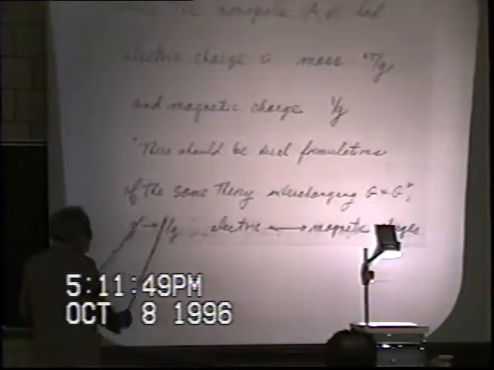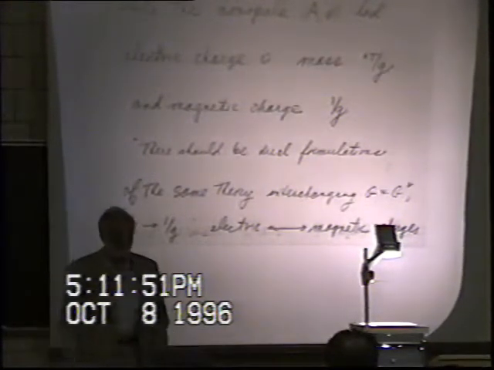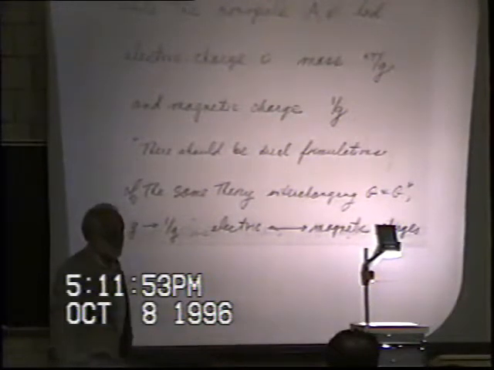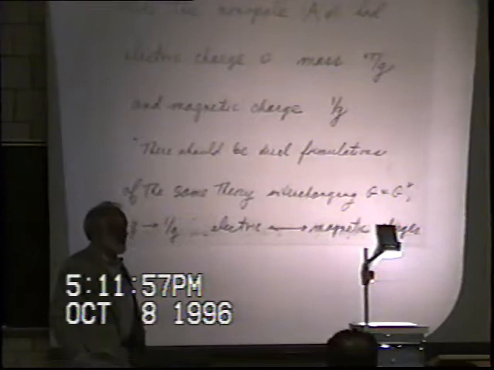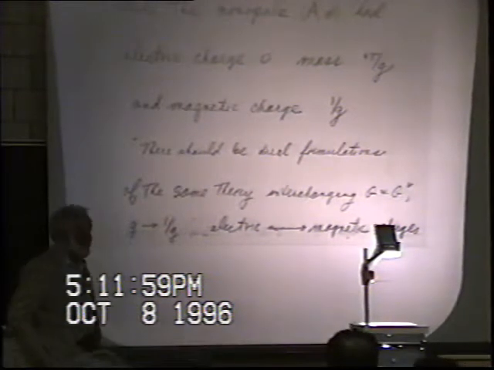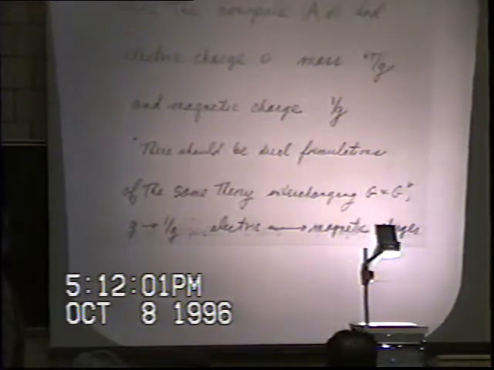G goes into 1 over G. That's a rather startling conjecture on the basis of the little evidence that I presented and that they present.